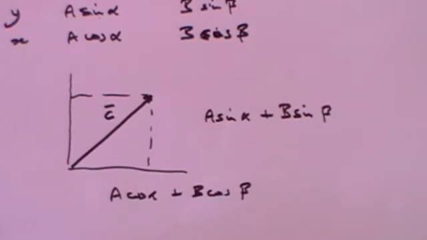We are simply adding the components of the two vectors together to get the resultant component.